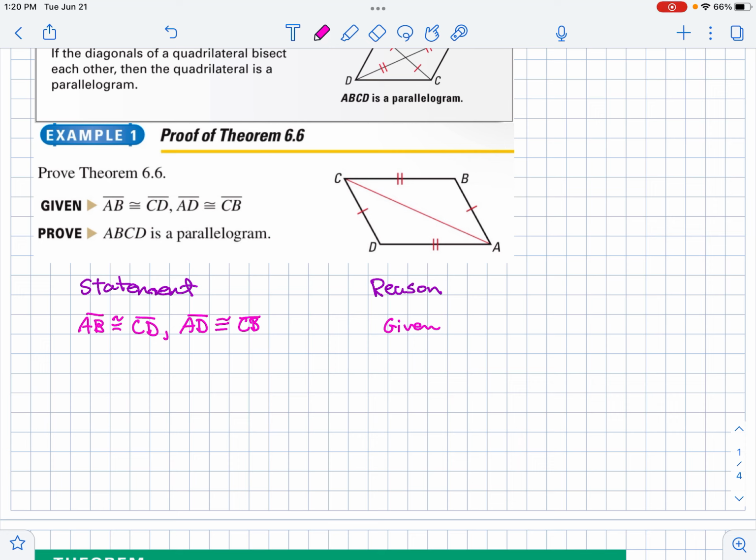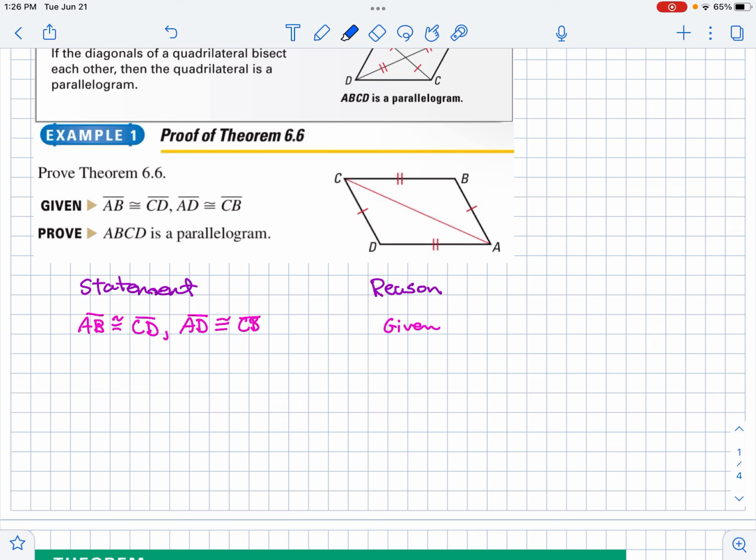So here's my thinking. To show that these two lines are parallel, I need to show that these angles are congruent. And the way I'll do that is to show that these two triangles are congruent, and then I can show corresponding angles are congruent. So that's how we want to proceed with this proof. And once we get that in mind, we'll have a path forward.